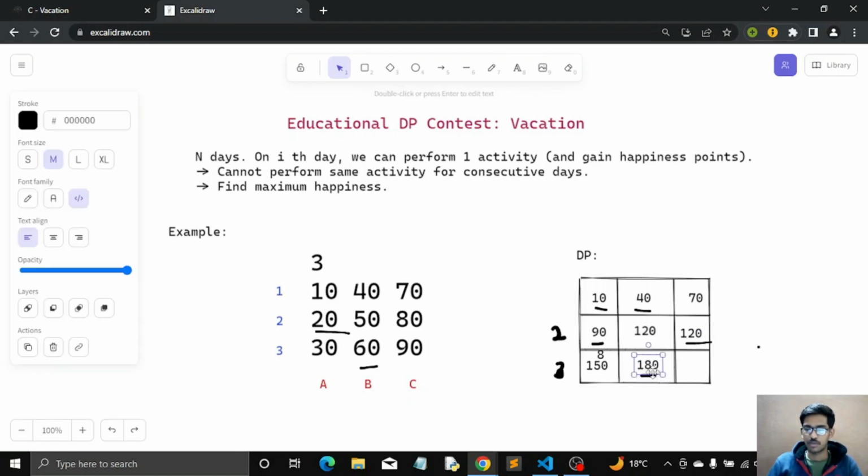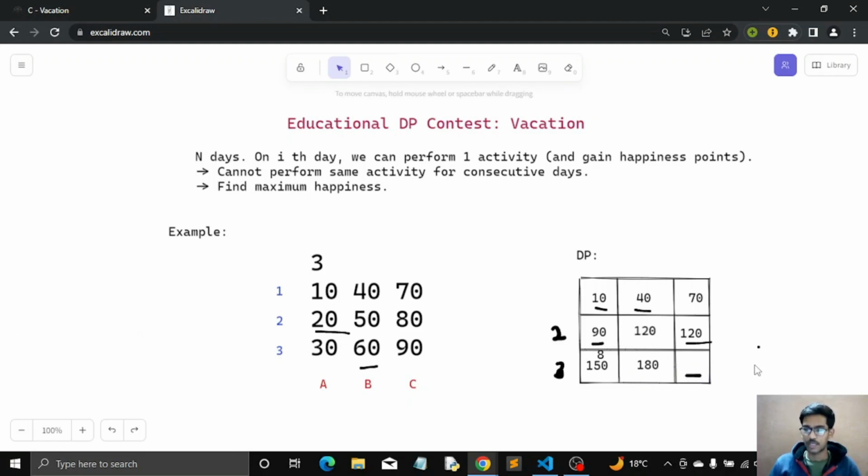Same way, we are going to fill the last cell in our table. We are going to assume that if on day 3 I perform activity C, then what is the maximum happiness that I can gain? So it will be 90, because 90 is the points associated with activity C on day 3. So 90 plus the maximum of the remaining 2 activities till the previous day.